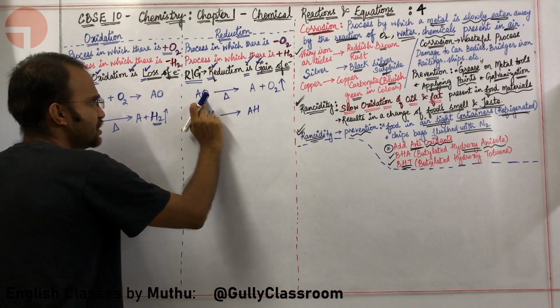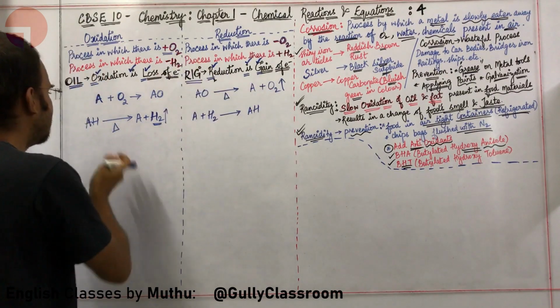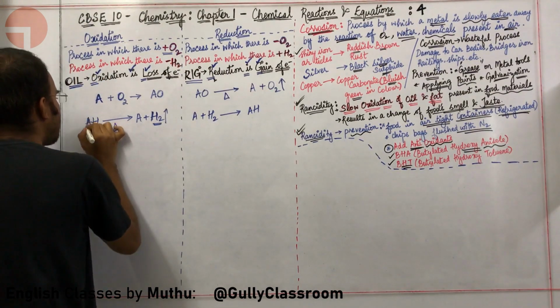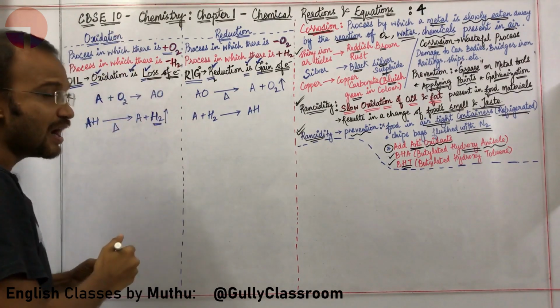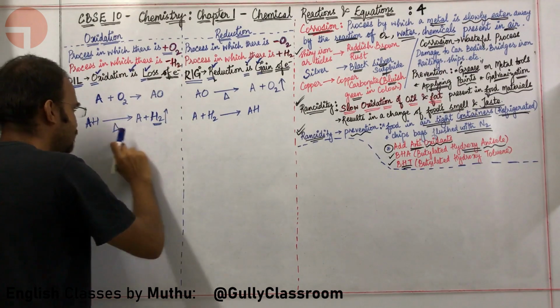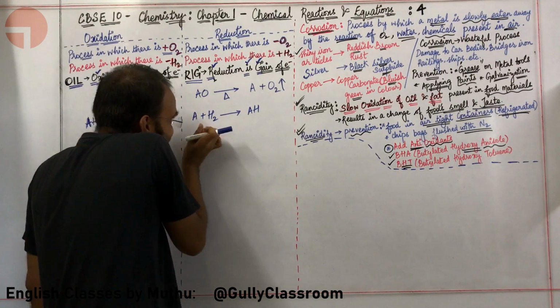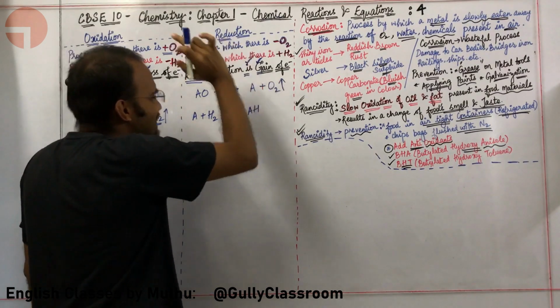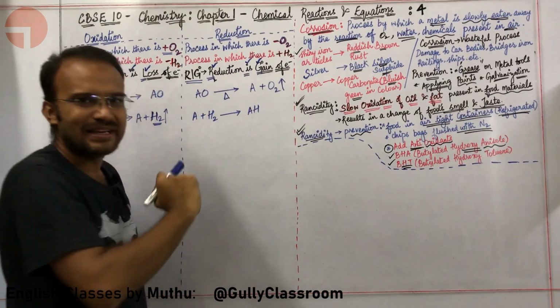When oxygen is removed, it is reduction. Right? Let us go for hydrogen. When hydrogen is removed, it is called oxidation. In the same way, when hydrogen is added, it is called reduction.